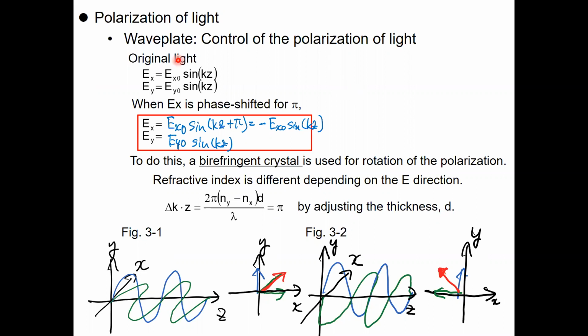This could be done by an optic named the wave plate. A wave plate can control the polarization of the light. How can we do this? We use a birefringent crystal.